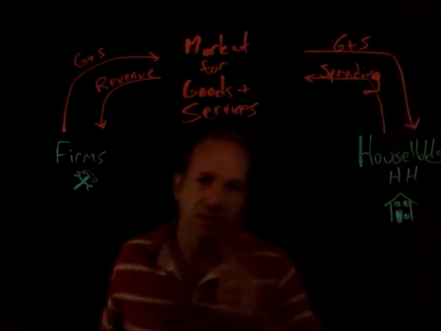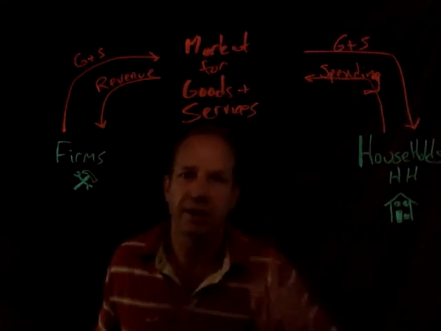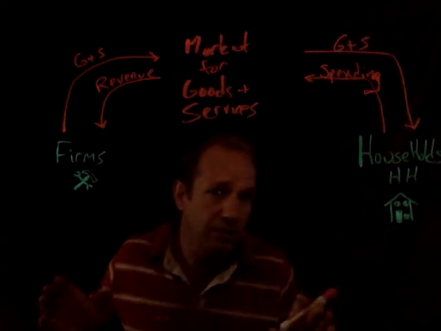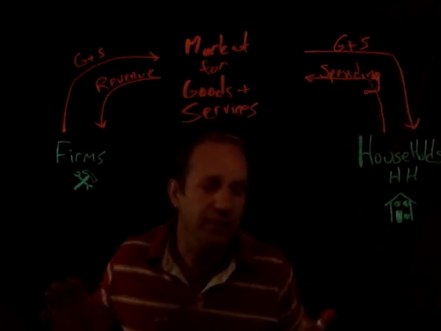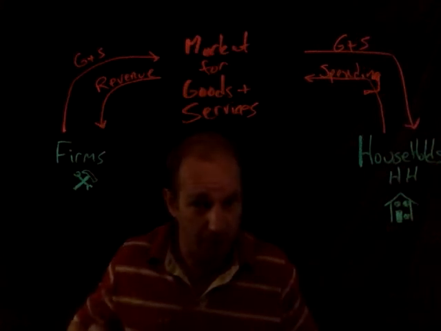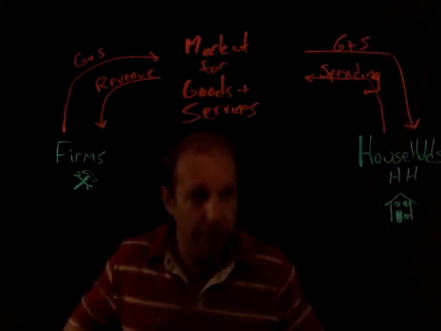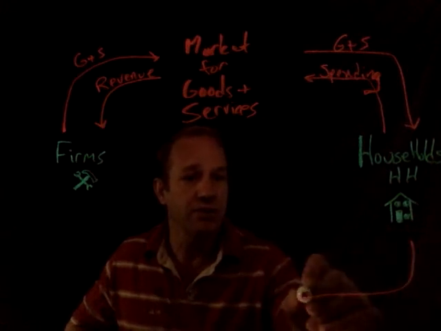Let's go back to my original question. What do households do? Households buy stuff. Is that all we do? Not most of us. Most of us do something else. Most of us go to work. We provide something that makes those goods and services, don't we?